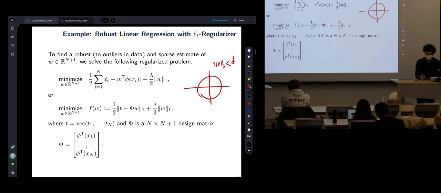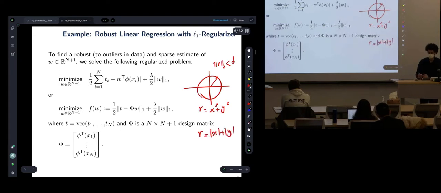Because we're talking about r being x squared plus y squared. However, if r is the absolute value of x plus the absolute value of y, this will be very different. We're basically talking about something like this. Now, this is very different. We are not moving in a circle. We're moving along these lines. And that is why when you solve the least squares problem, we need to iterate, even if it's affine.